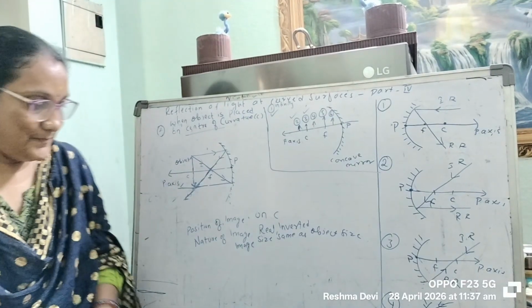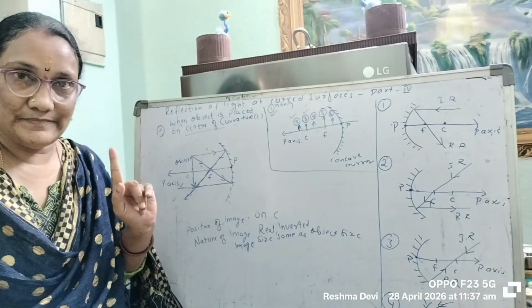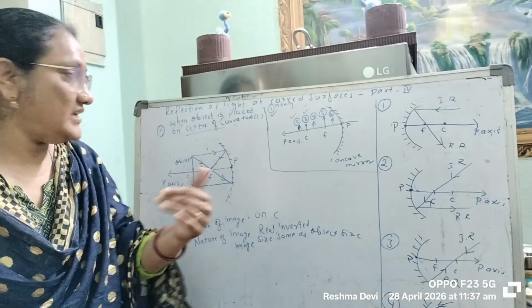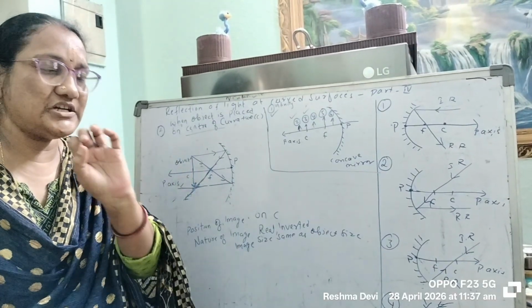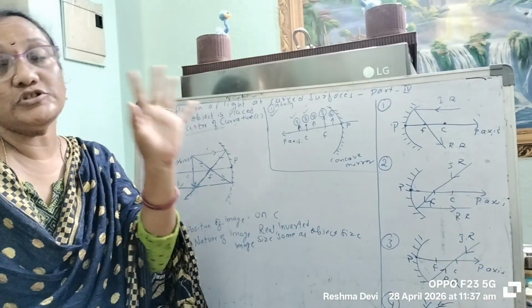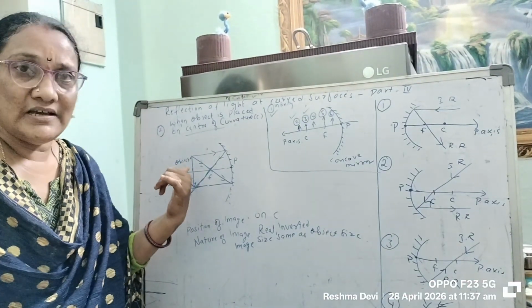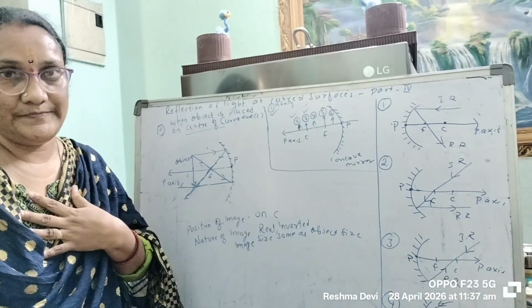Now first 3 completed. See. First one, object at infinity, so image position is at focal point, and the nature is extremely diminished, means almost point size. That is, the size of image is very, very small compared to the object.